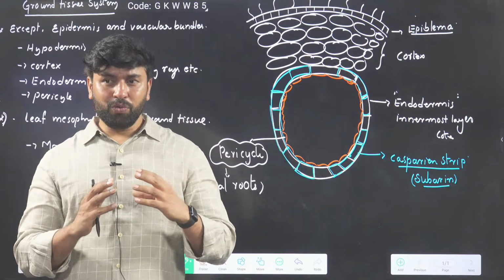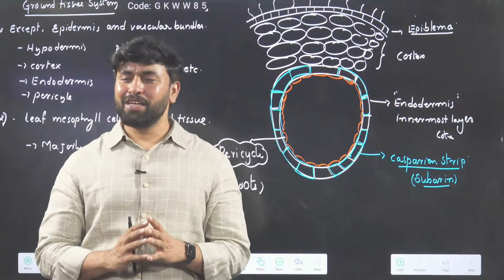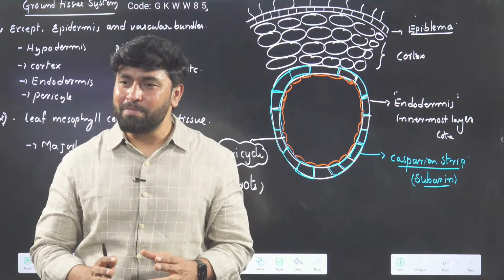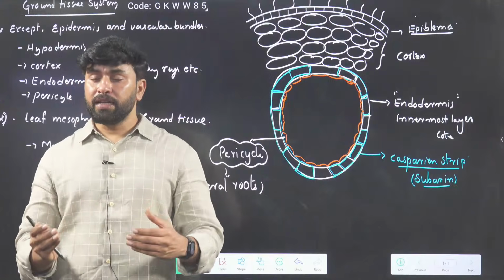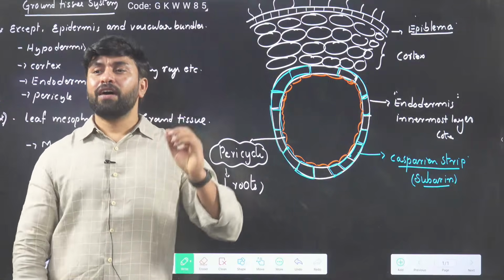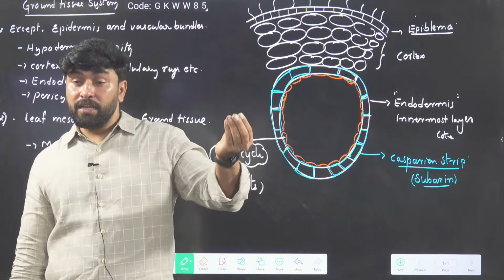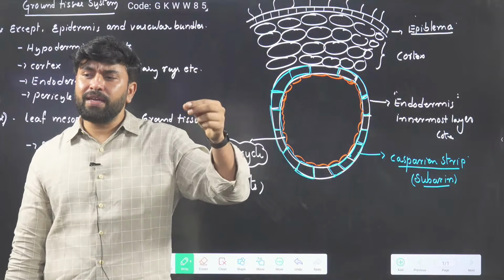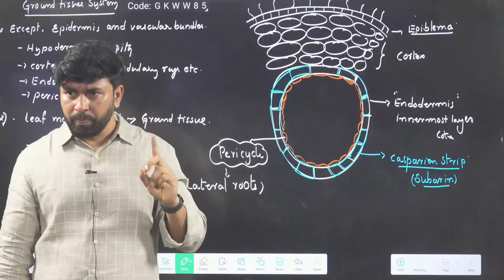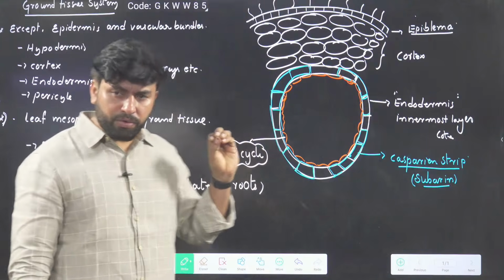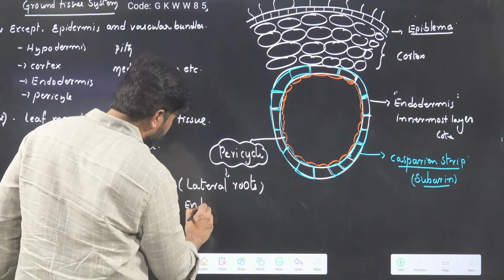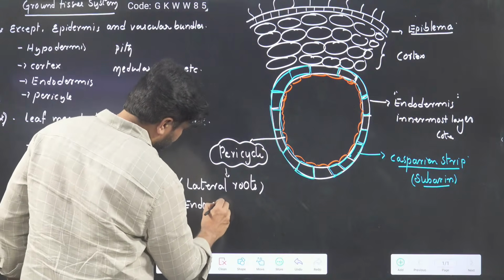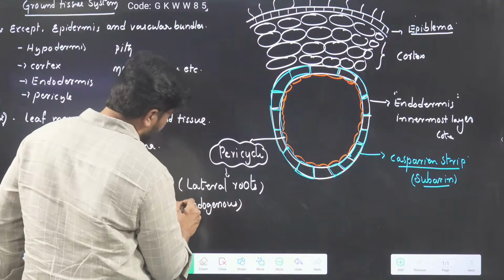Now, a root wants to produce a branch. That branch never develops from a bud. It is developed from pericycle, which is an inner area of our cortex. Even to the cortex, it is a very inner place. That's why branches of root are endogenous in origin.